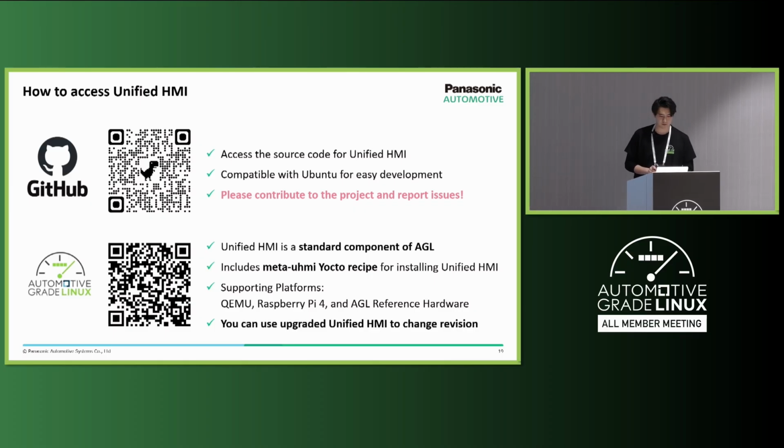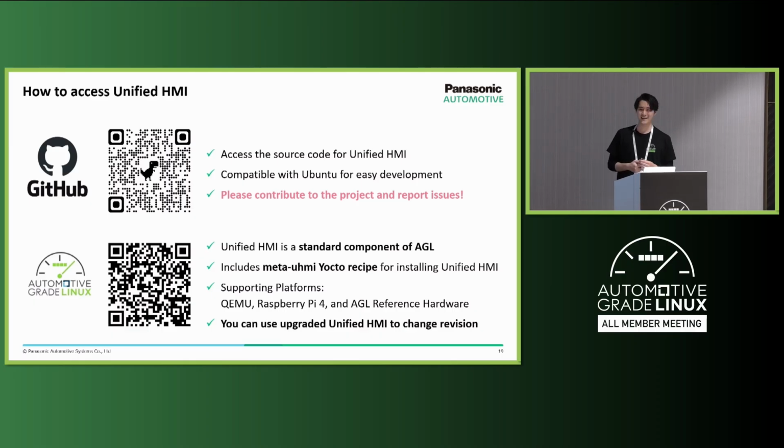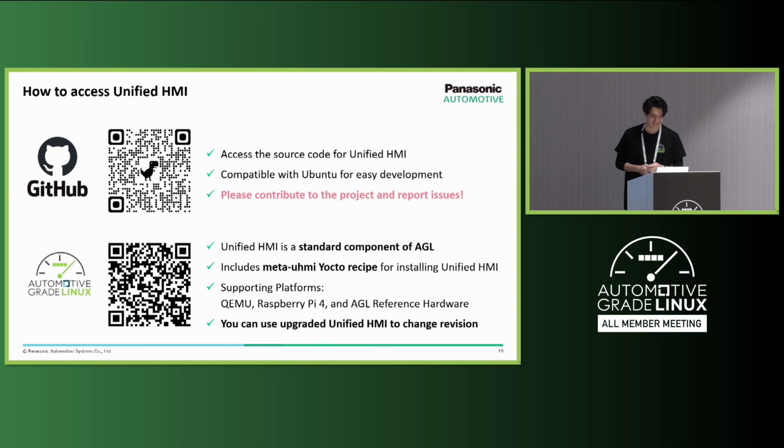The main source codes are on GitHub, and there are README documents for each framework that show the procedures of using them. And in April, Ito-san contributed to our OSS code, and he will become the first contributor to our Unified HMI frameworks outside of my company. So thank you very much.